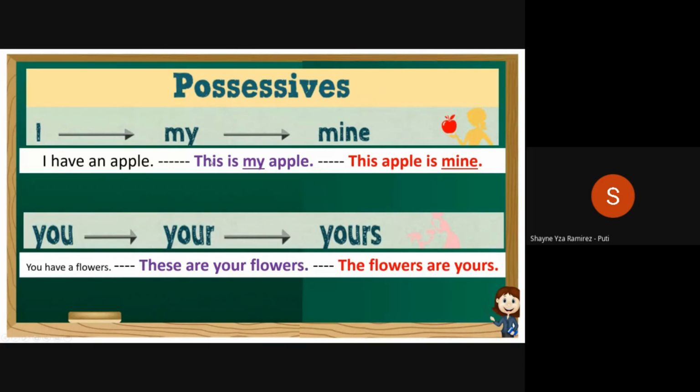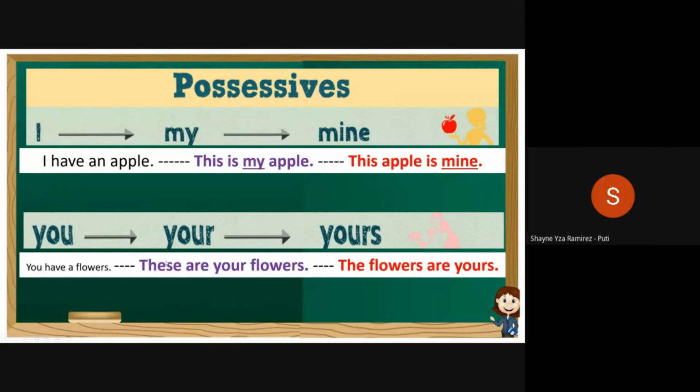Using the possessive my, this is my apple. Again, my before the noun, which is apple. And then using mine, this apple is mine. I hope you can differentiate the use of my and mine.